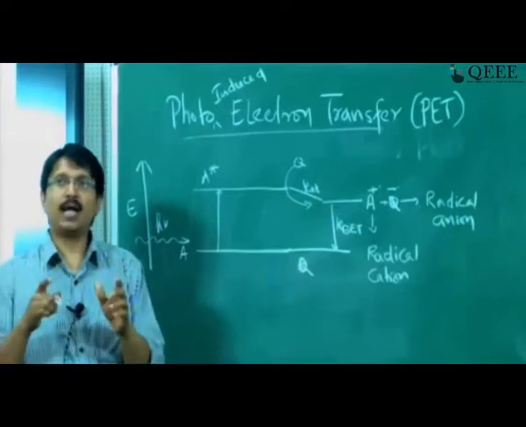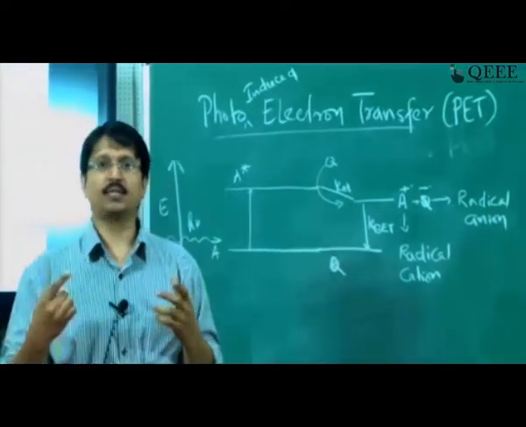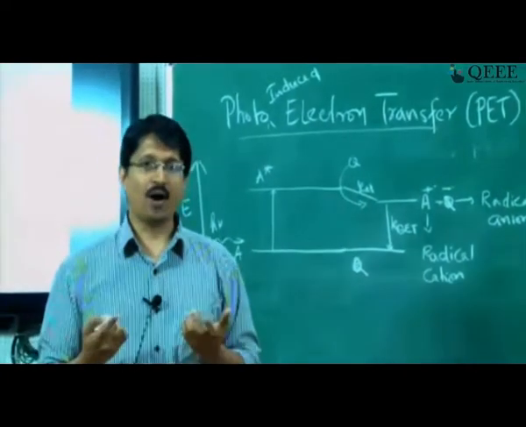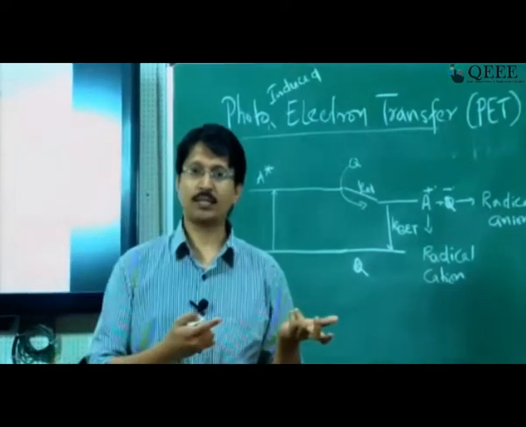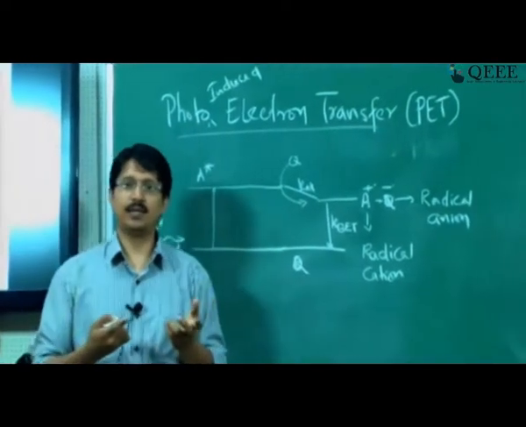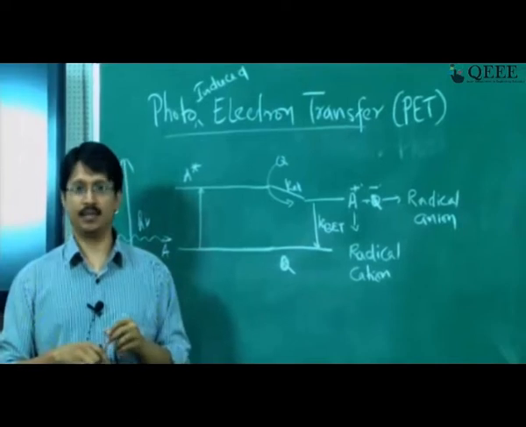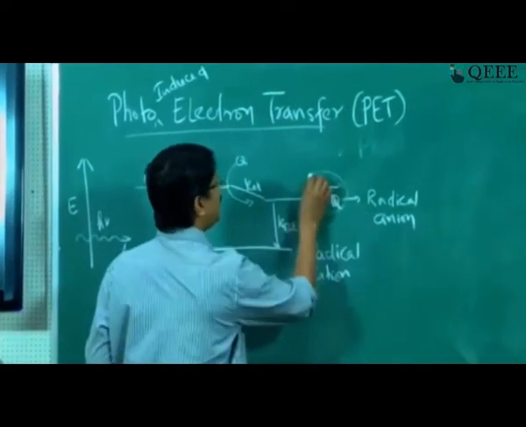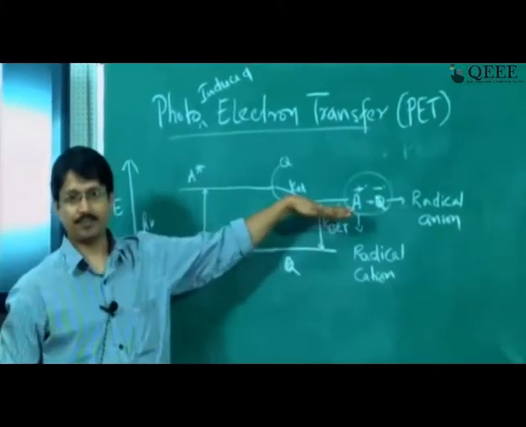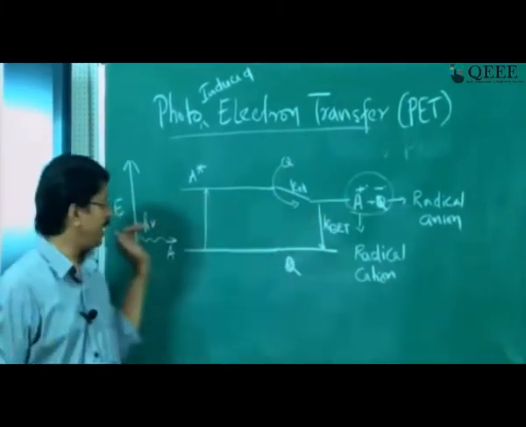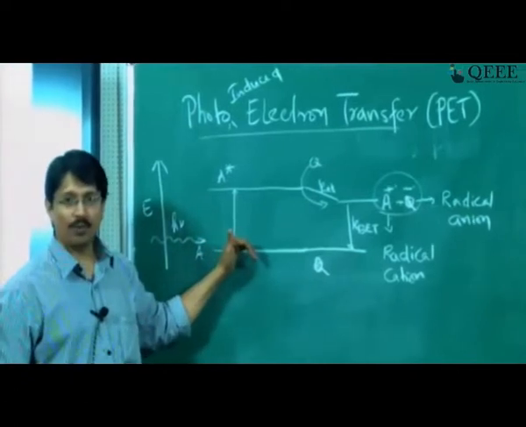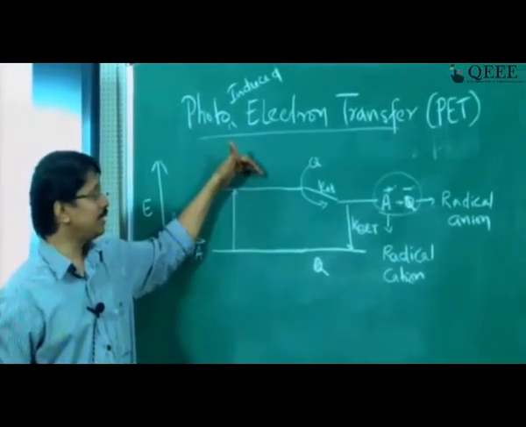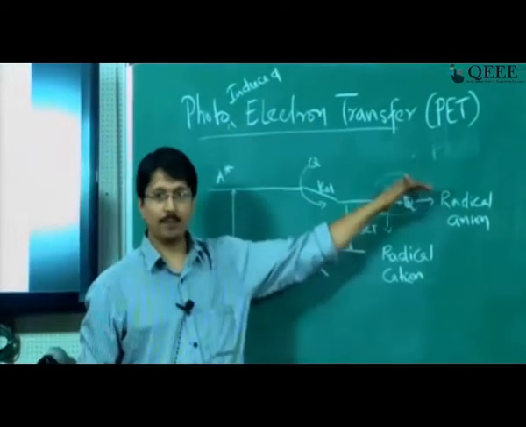So many scientists are working on this, especially in solar cells and related light harvesting energy areas. The question is how do we keep this one in the excited state. Once this light energy is absorbed by the molecule, it forms an excited state and there can be a charge separation.